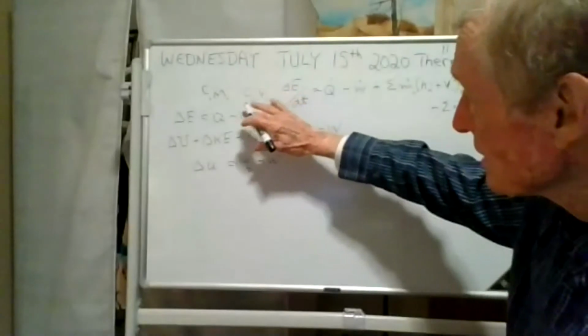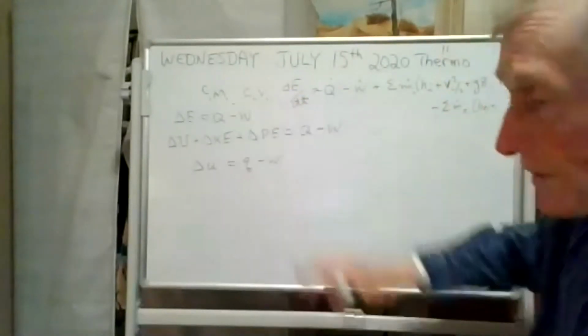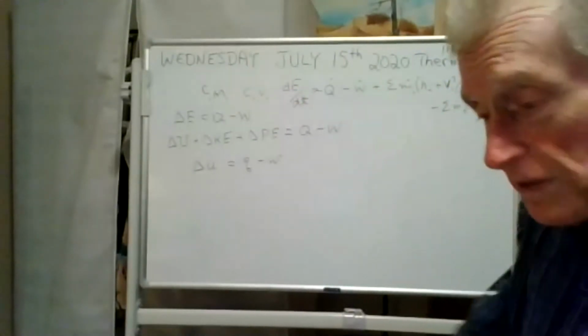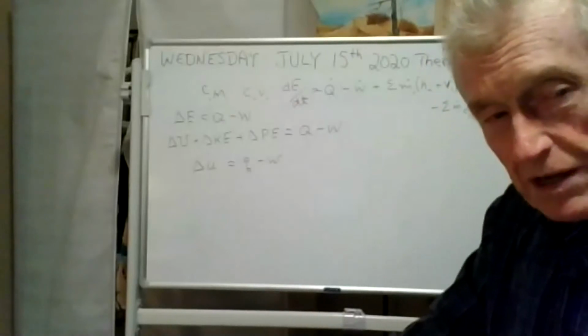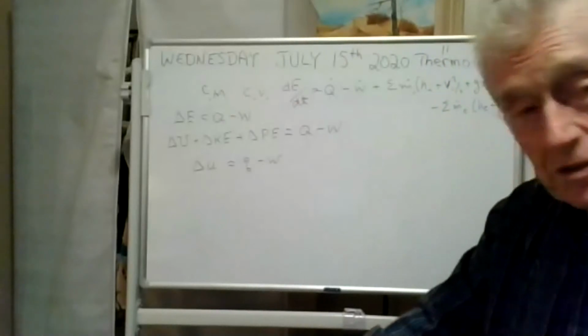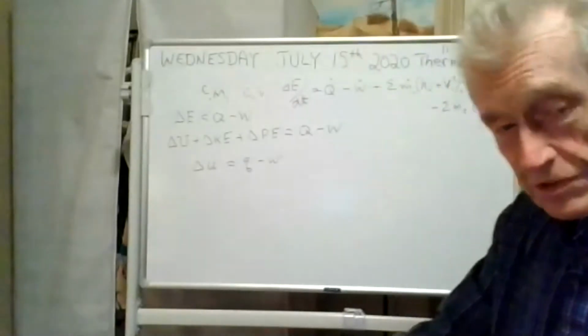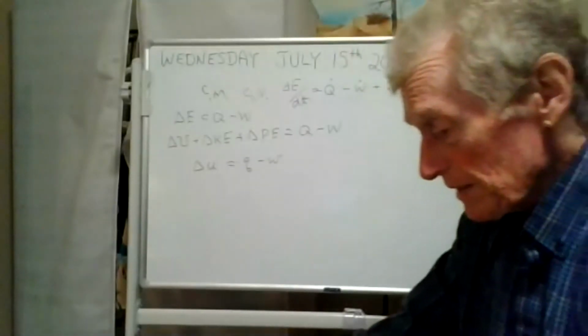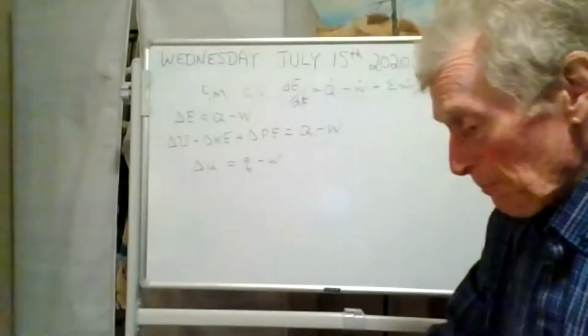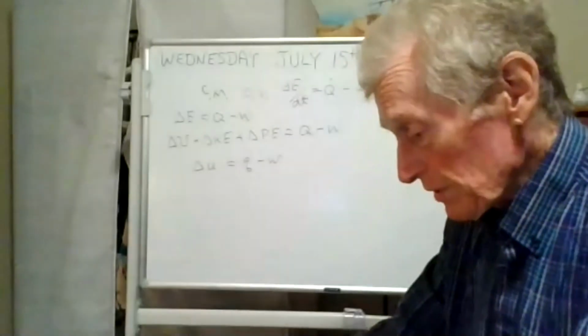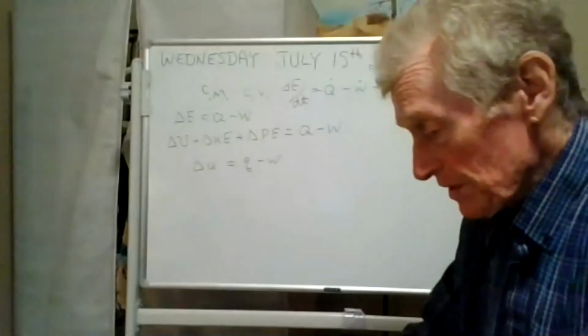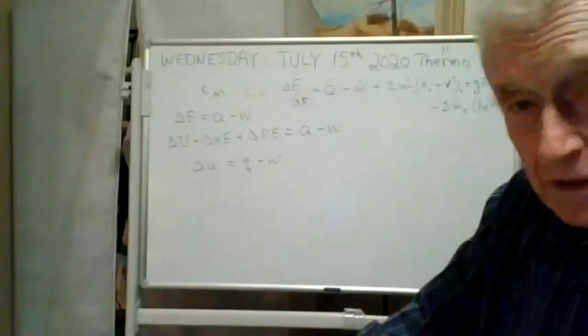Now that's the first law of thermodynamics for control volume. You've got to decide, is it a control mass or a control volume? I hope you all understand the difference. Those problems we just worked with the diesel cycle, those were all control volume.